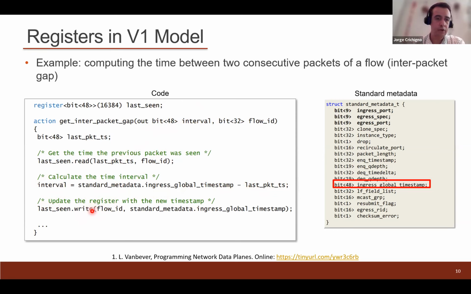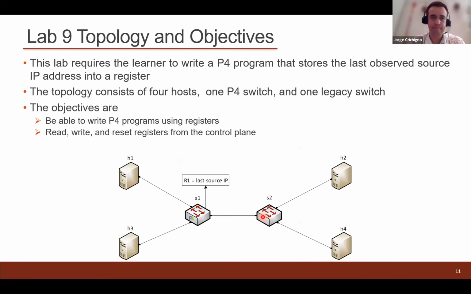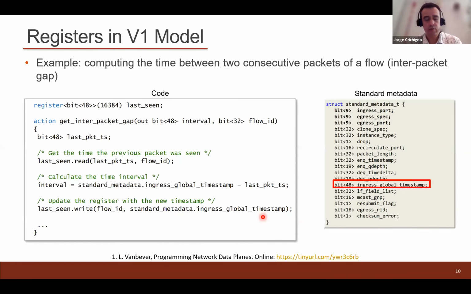So for this flow ID, we are updating the last time a packet from this flow was observed. So it's, I believe, self-explanatory, this code. And you can see much more detail, again, in lab number 10. So that's one example of how to use register.